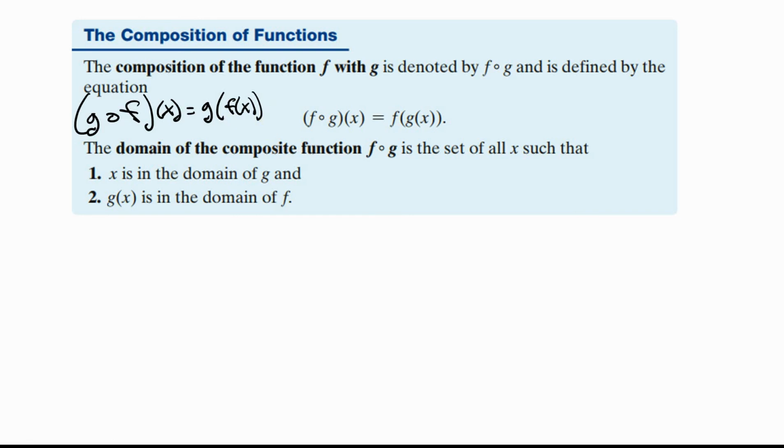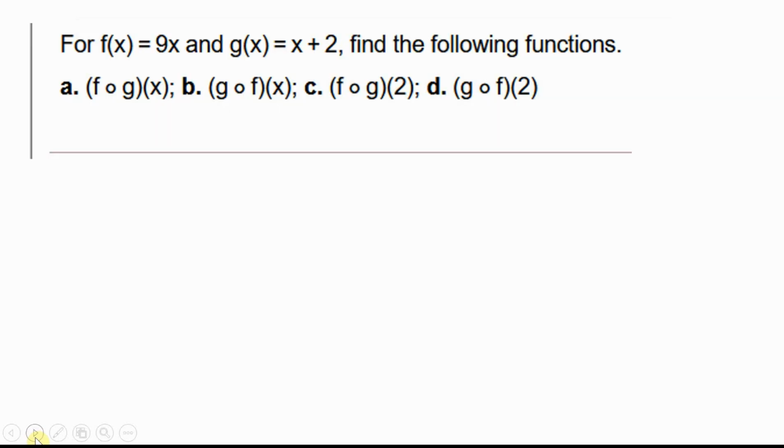The domain of the composite function of f composed with g is the set of all x such that x is in the domain of g and g of x is in the domain of f. Okay, what does that mean? We have a problem where they give you the composition and they ask you to find the domain for that, and I put a statement there when we get to that problem to help you out.